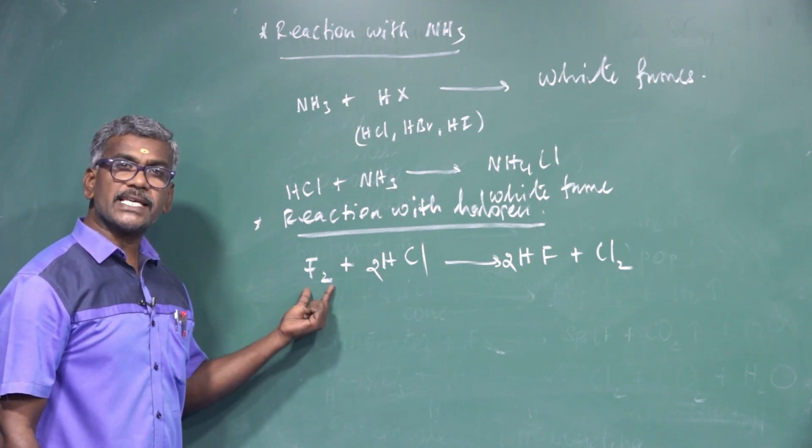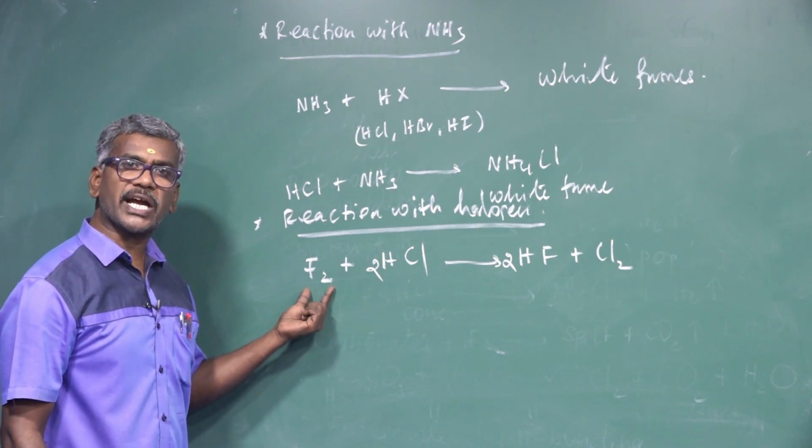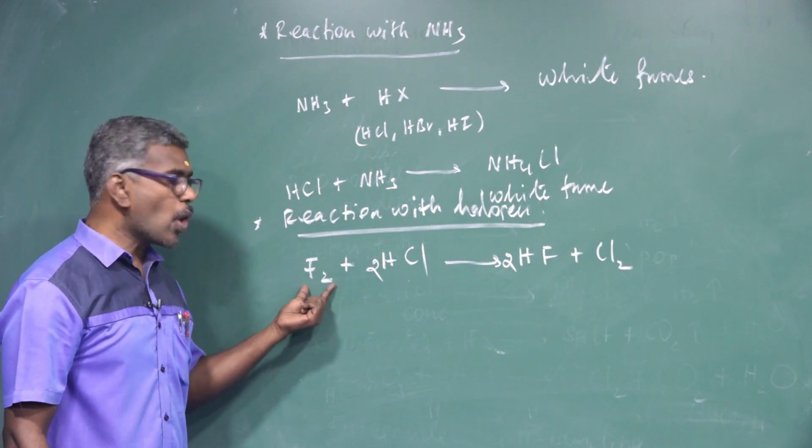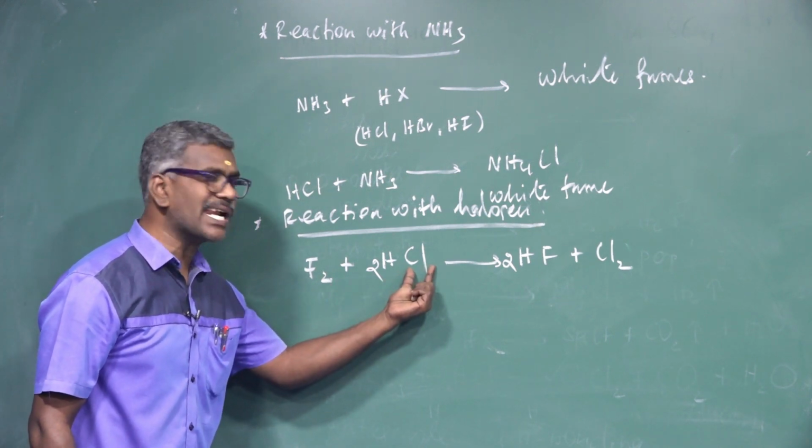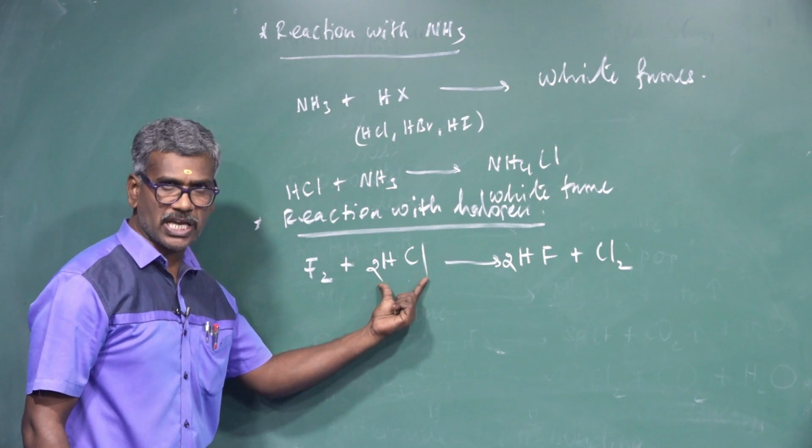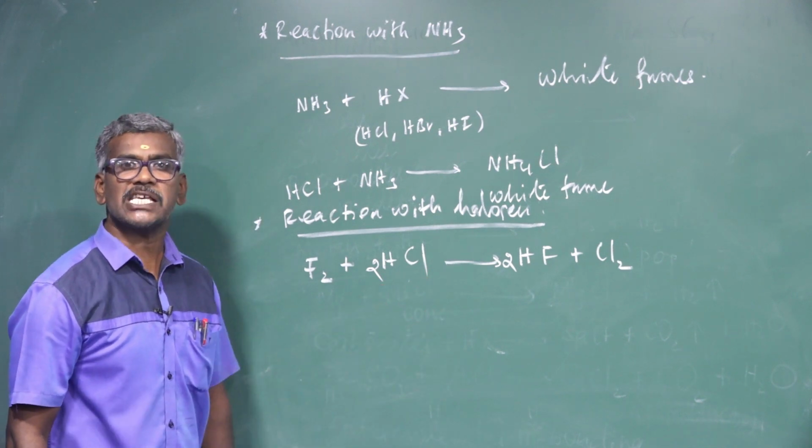Here, fluorine is more electronegative and more reactive. The more reactive element displaces the less reactive element from HCl. This reaction is known as a displacement reaction.